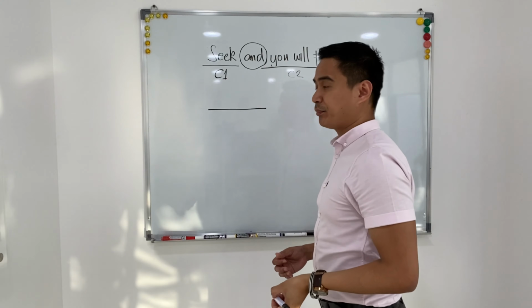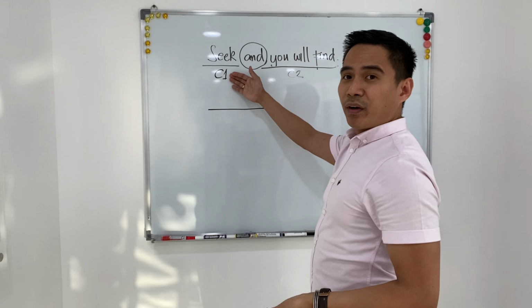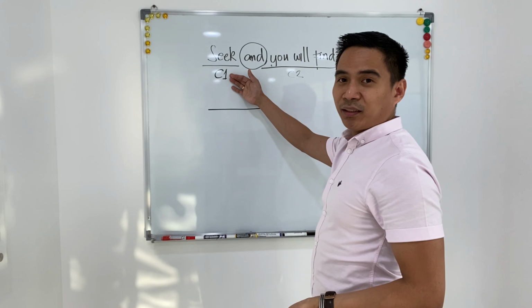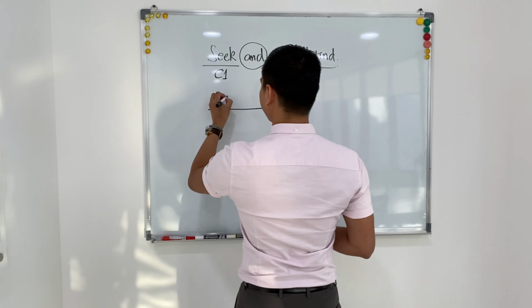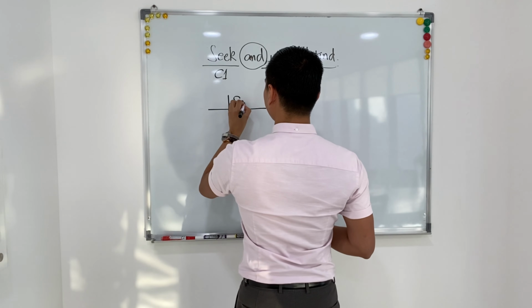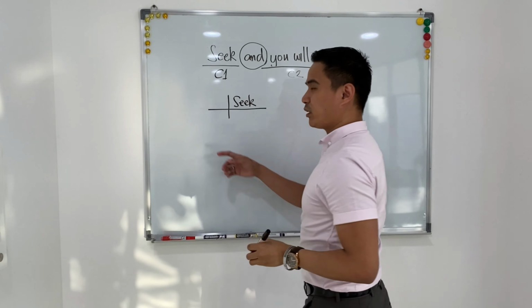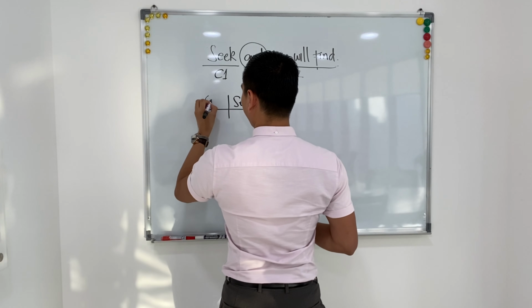Draw the baseline. But it looks very odd because this is an independent clause that has only one word, the verb seek, and its subject is the implied you.